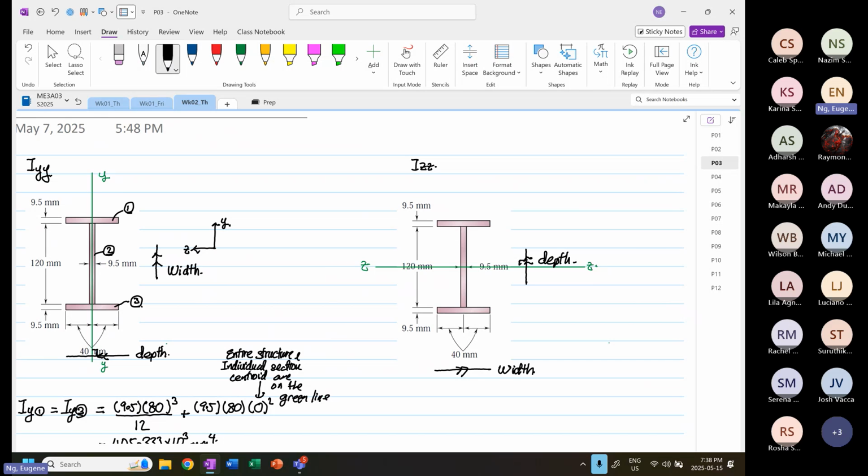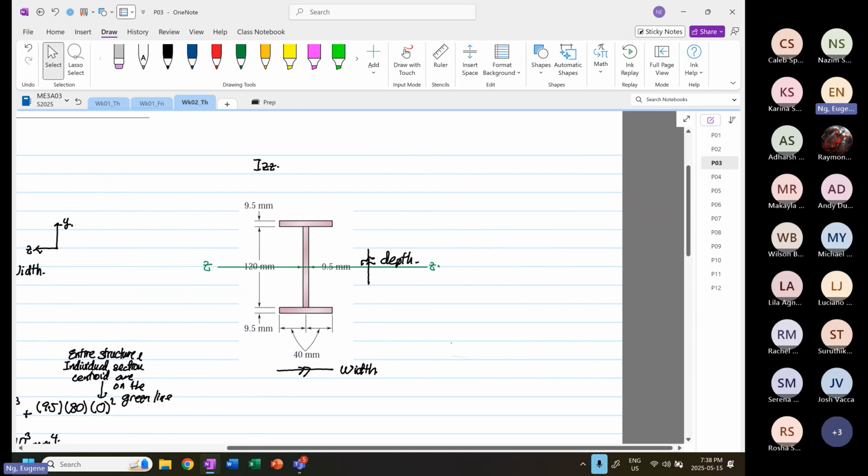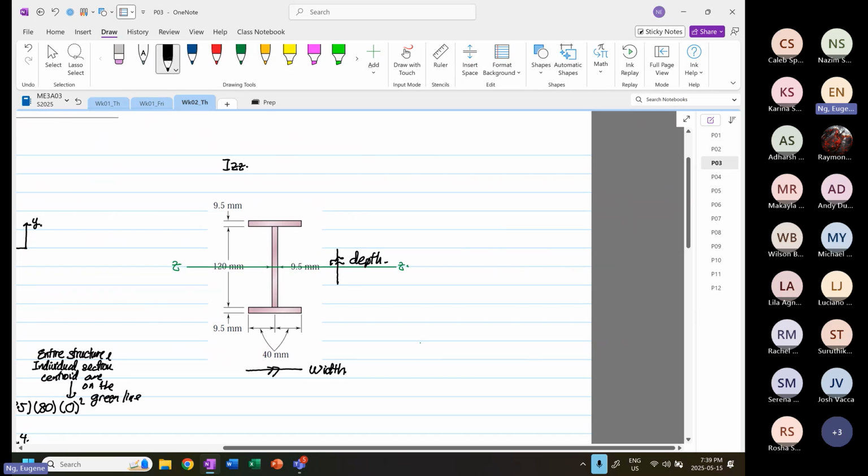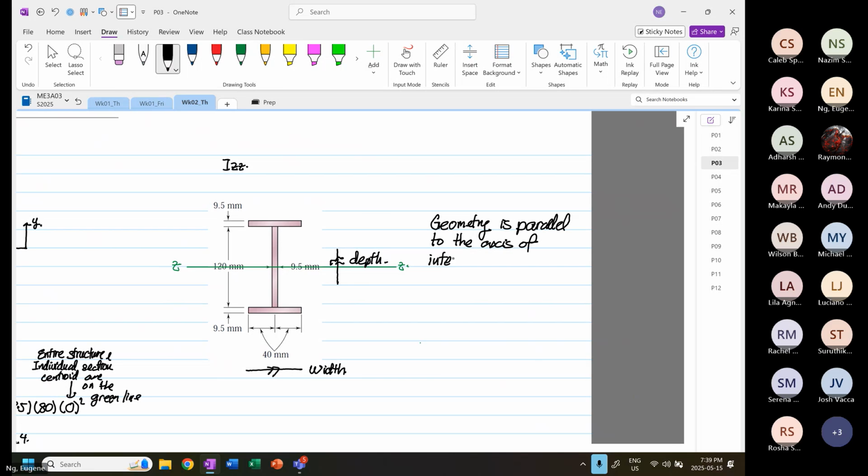The thing to remember, I'll write down how to remember this. If the geometry is parallel to the axis of interest, this is the width.